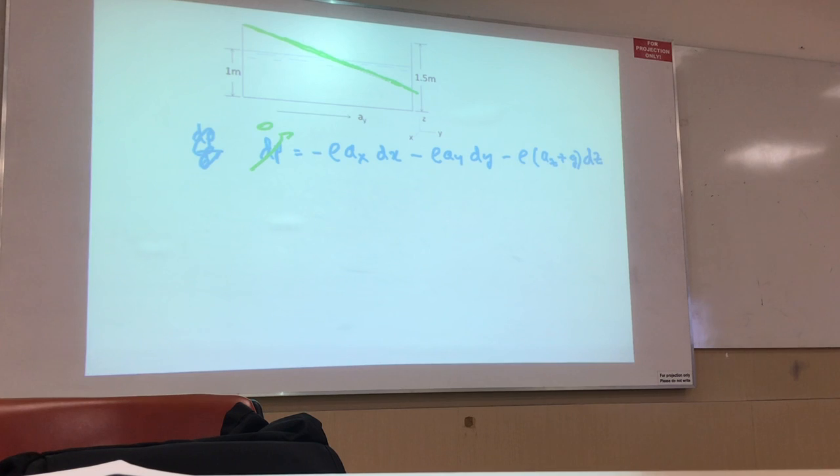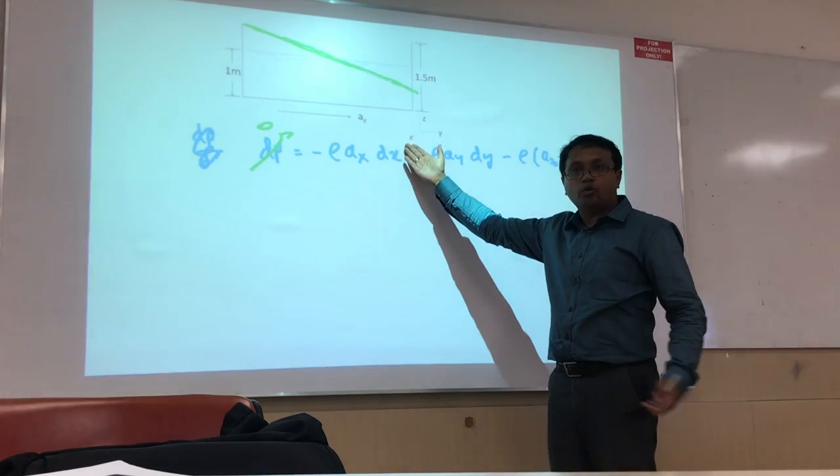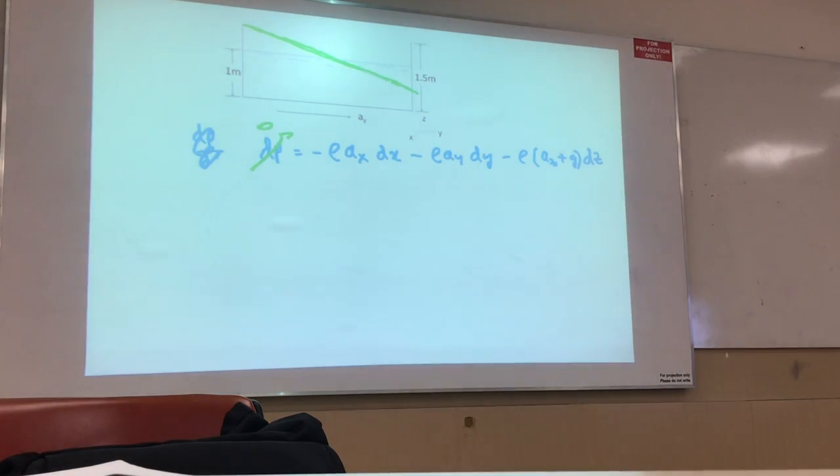So, can you tell me, is there any acceleration in the x-axis? X is this direction. No, right? In this question, there is no acceleration in the x-axis. This is 0, right? Acceleration in the z-axis is also 0. Only the acceleration in the y-axis is present.